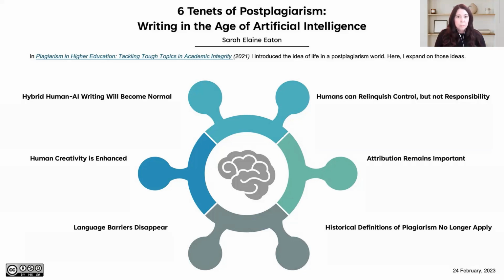Likewise, even with this changing approach to AI-infused writing, it becomes essential for individuals to still give proper attribution. At the same time, she argues that increasingly historical definitions of plagiarism will no longer apply.